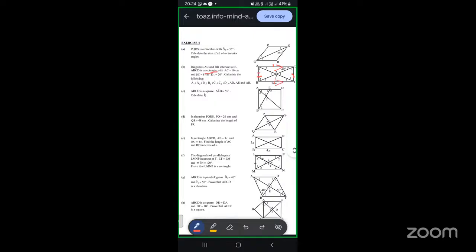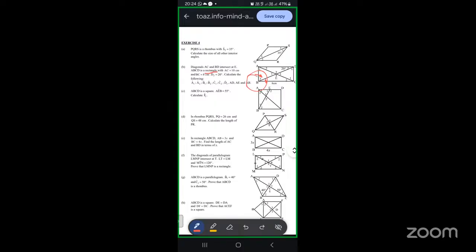Therefore, using our analysis, we can conclude that this angle is 20 degrees. This angle there will be 90 minus 20, which is 70. Why? Because this angle as a whole is 90 degrees. It's one of the properties of a rectangle.